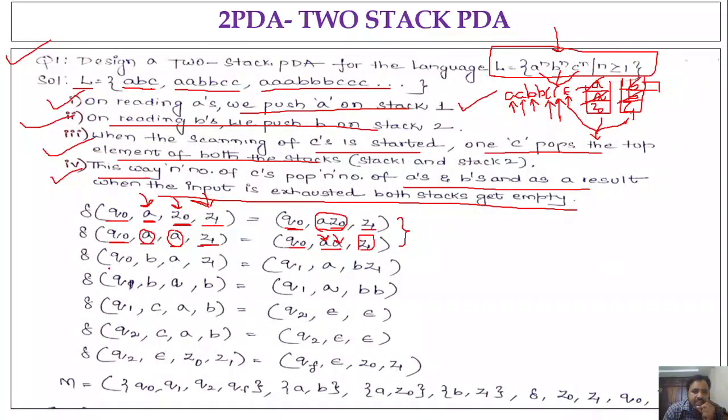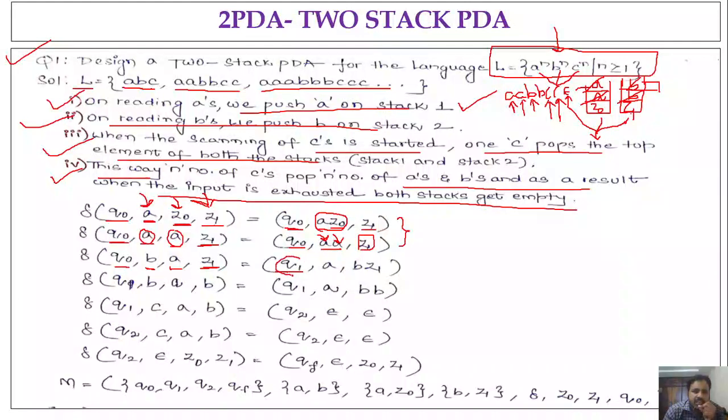Okay, next in q naught, if the input is B, top of the stack 1 is A and Z1 is the top of the stack 2, then what we have to do, we have to push B onto the stack 2, right? So you will be in state q1. So q1 indicates that we have seen B, and in q1 state we will keep on pushing B's into the stack 2, right?